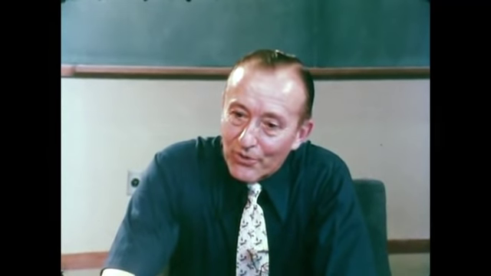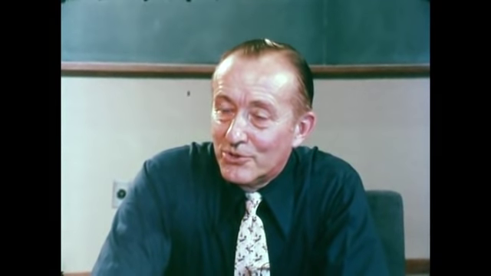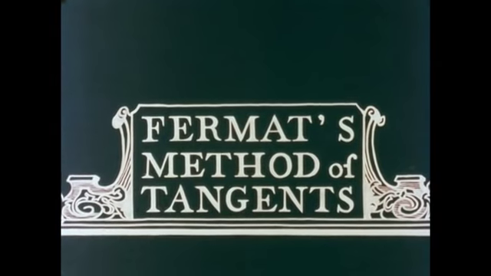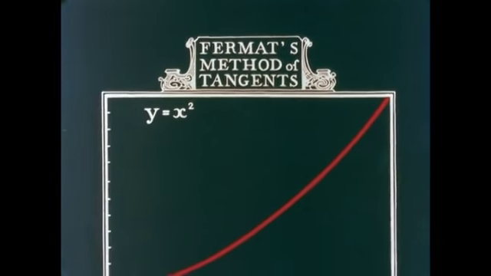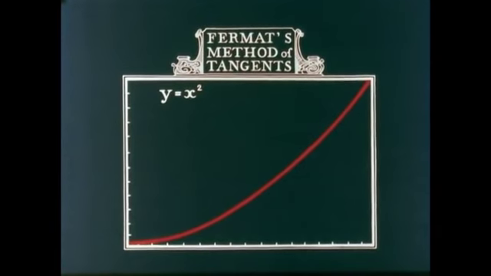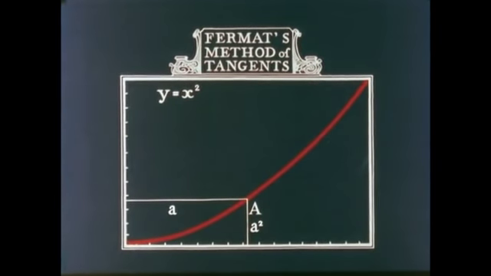And it remained for one of their contemporaries, Pierre Fermat, to introduce a method of tangents which is very much like that we use today in the calculus. We can more or less argue as Fermat did to find a tangent to the parabola y equals x squared. Let's look for the tangent to the curve at the point A, with coordinates a, a squared, and find its slope.